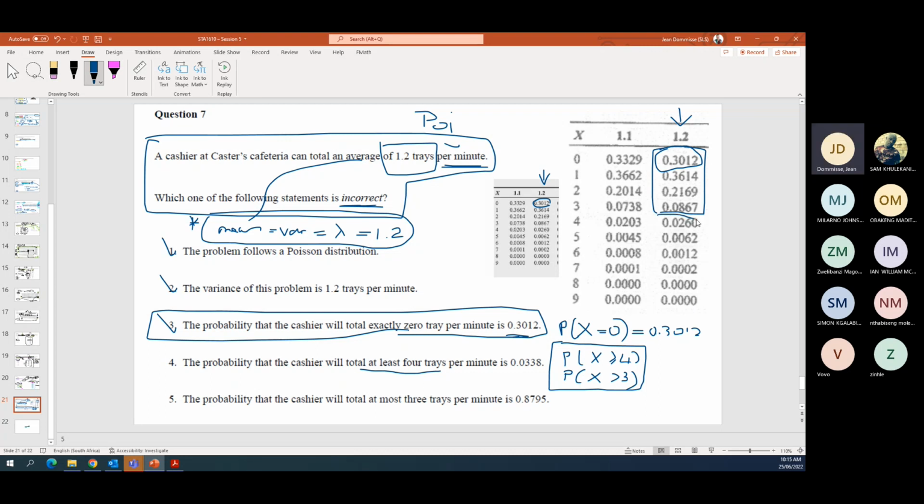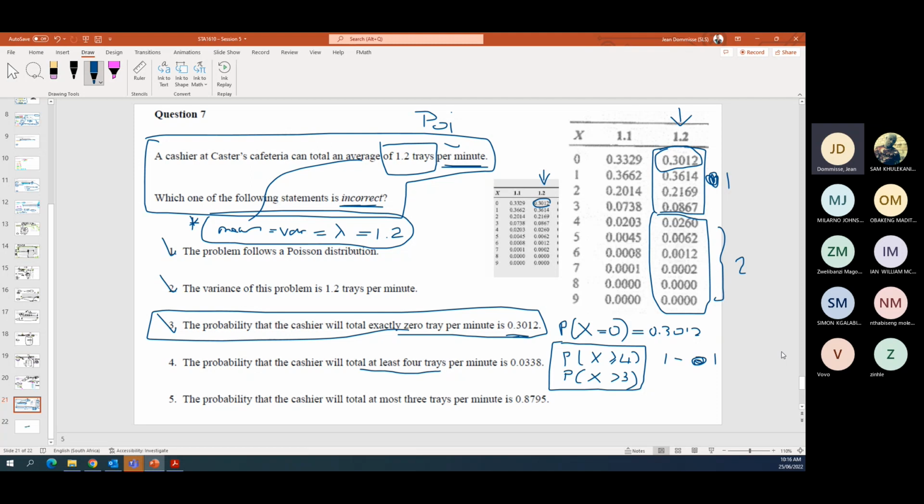So to do it as 1 minus that part, or just to say the sum of this, is not going to be really anything different. So whichever one you are most comfortable with, you do. In this instance, I'm going to go with option 2 and just add things together.